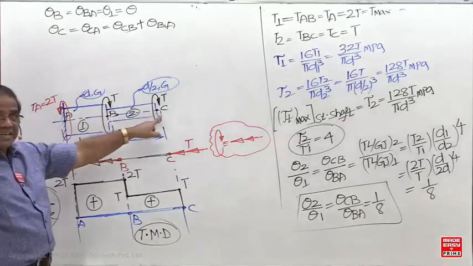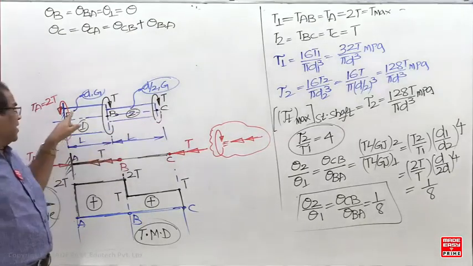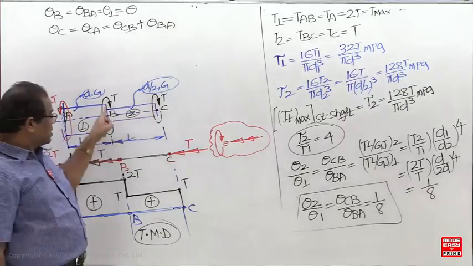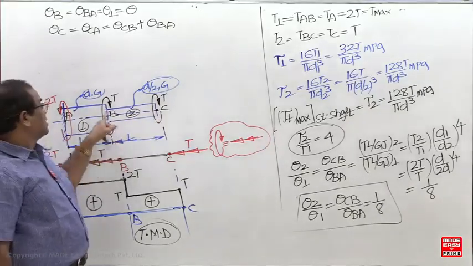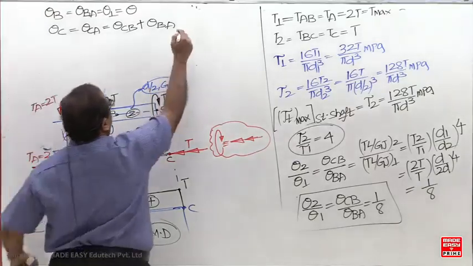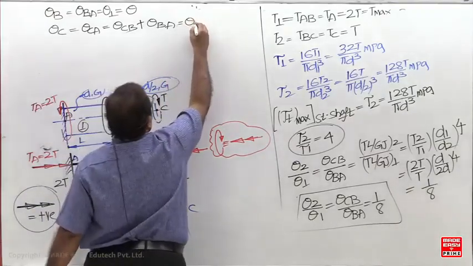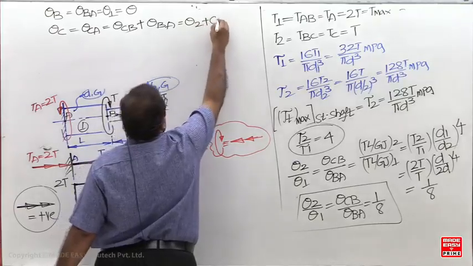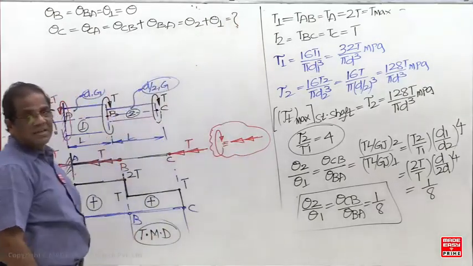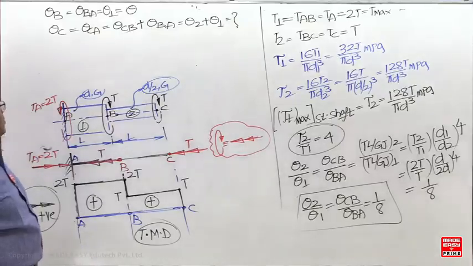I want to get theta at C with respect to the fixed end, but here to here there are two shafts. For this shaft, C is the free end and B the fixed end. So theta CB plus theta BA, that is theta 2 plus theta 1, you have to calculate.